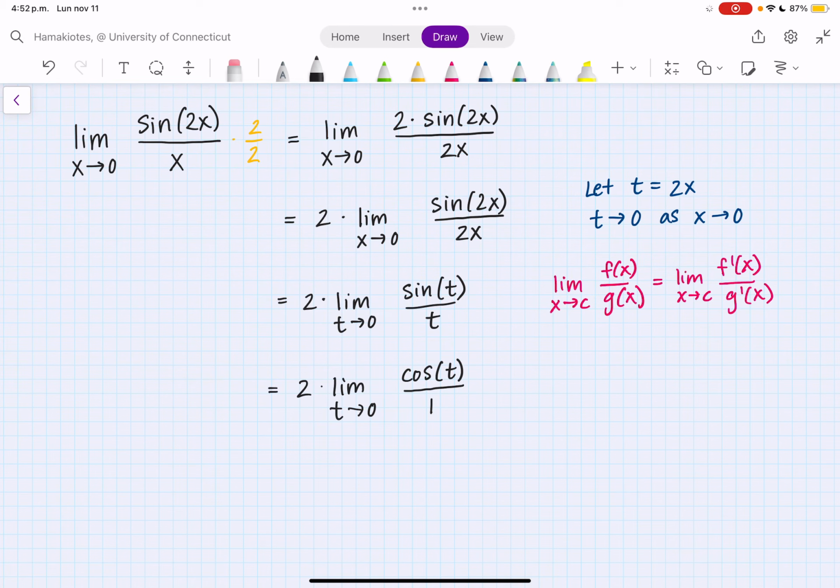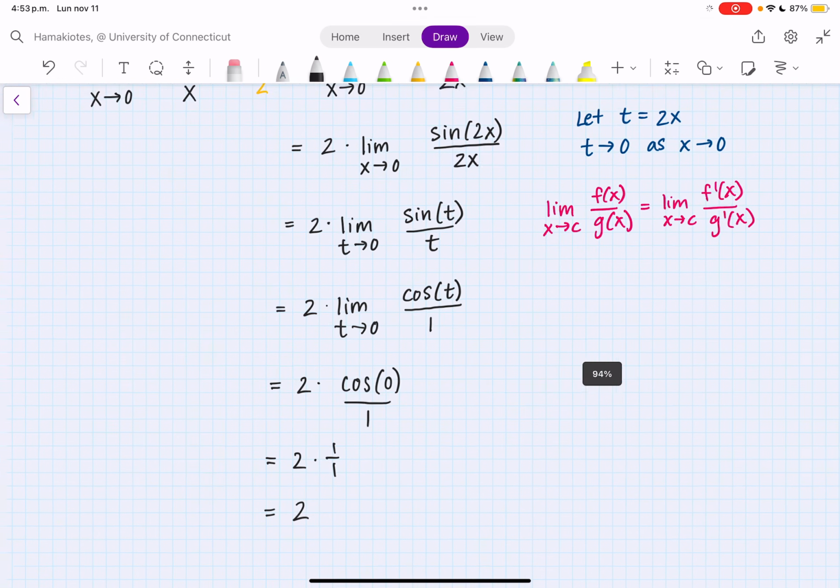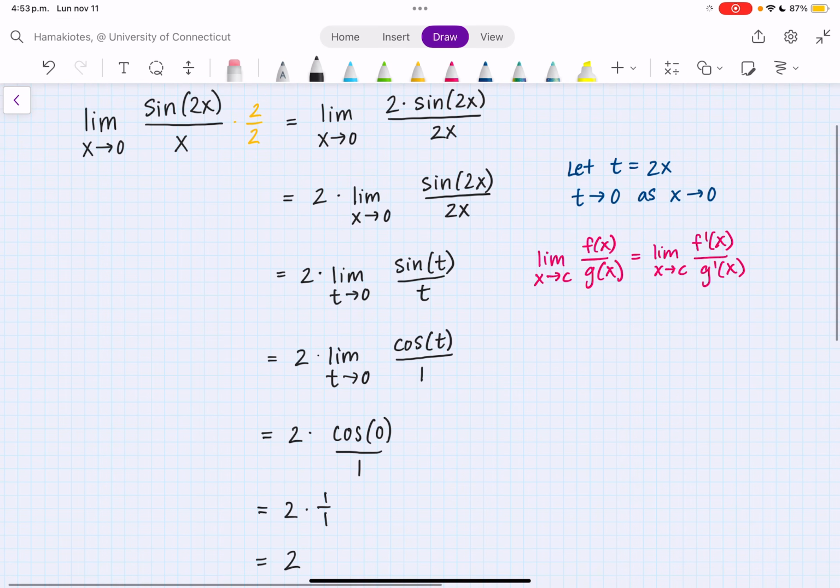Now by plugging in 0, I can evaluate the limit as 2 times cosine of 0 over 1, which is equal to 2 times 1 over 1, which is just 2. So we have successfully evaluated this limit.